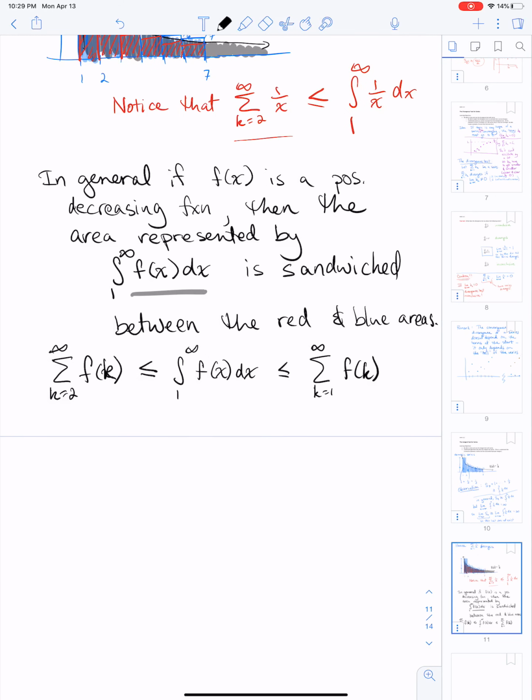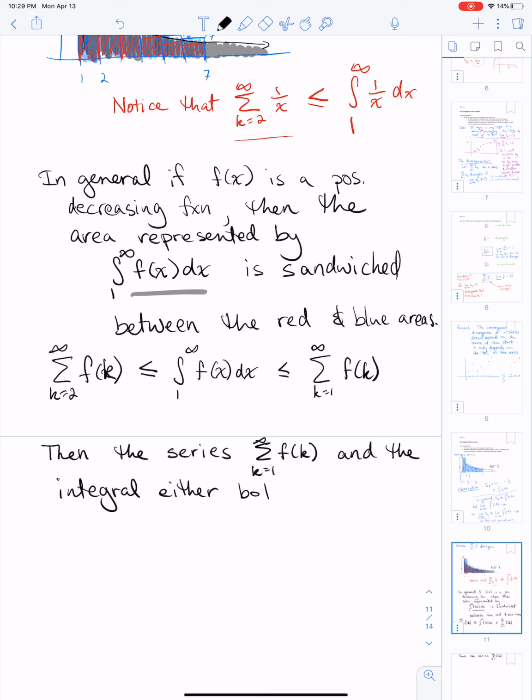The upshot is that the series and the integral either both converge or both diverge.